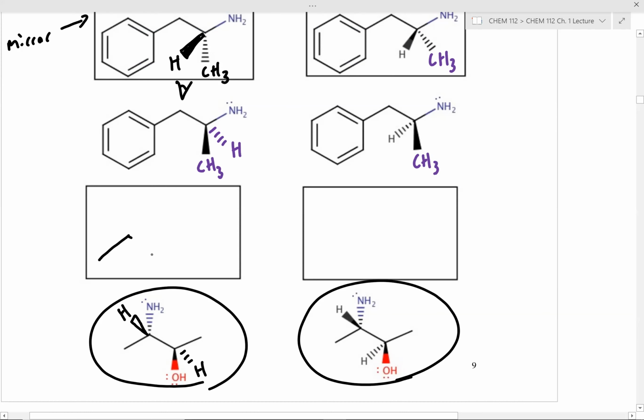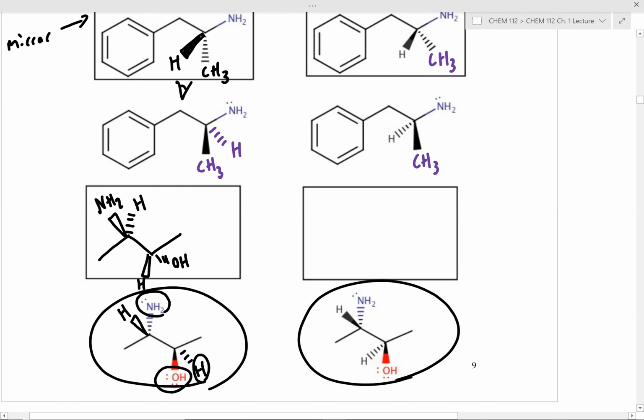So I'm going to draw my alkyl chain exactly as normal. And now our hydrogen, which originally had a wedge, is now going to receive a dash. Our amine, which originally had a dash, is now going to get a wedge. Our alcohol, which had a wedge, is now going to get a dash. And our hydrogen, which has a dash, is now going to get a wedge.